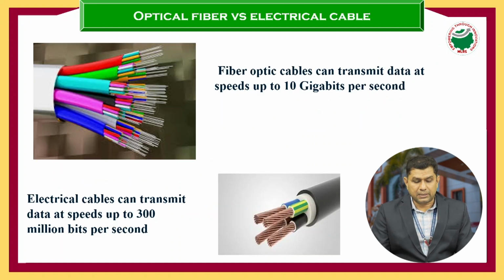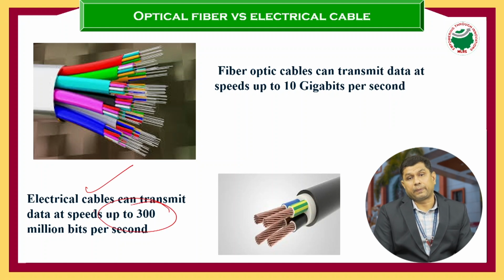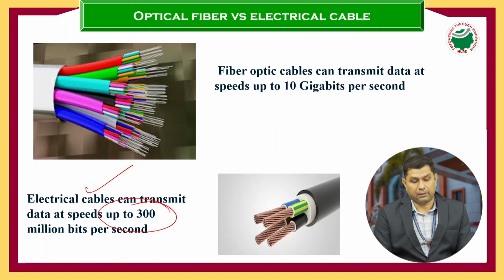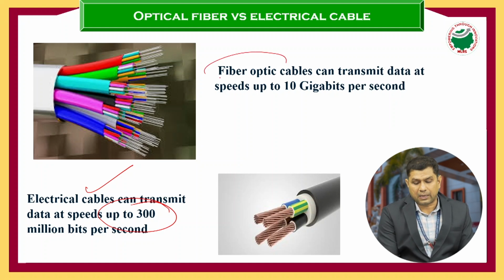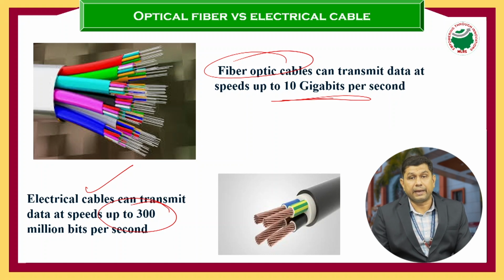If you use an electrical cable instead of optical fiber, the data speed is very low, around 300 million per second, whereas with optical fiber we can transmit data at 10 gigabits per second. In optical fiber, we transmit the data using light or photons, whereas in electrical cable we transmit data with electrons.